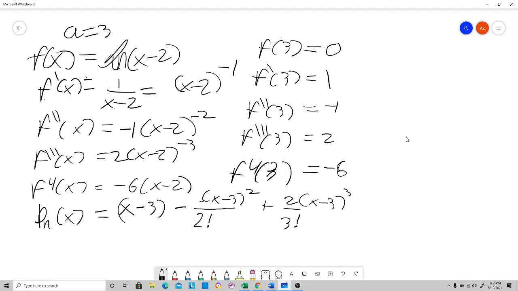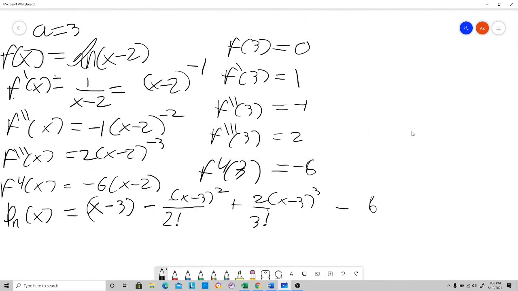And then for the fourth one, it's going to be -6 over the fourth factorial, and then x minus 3 to the fourth power.